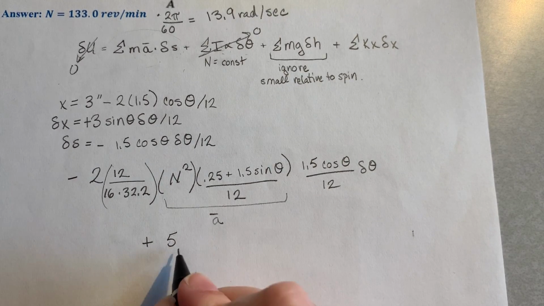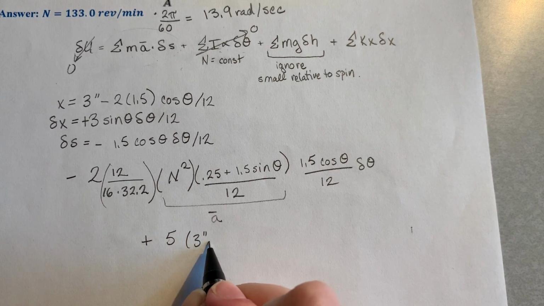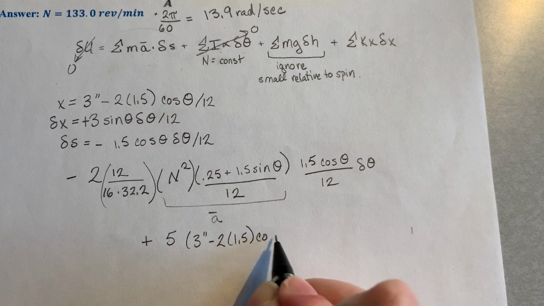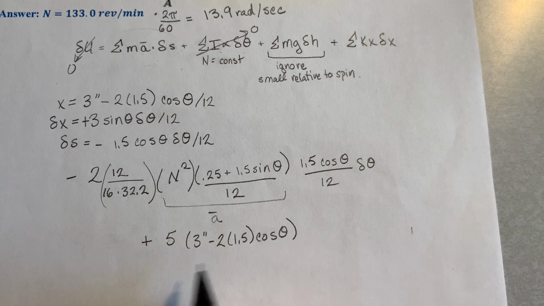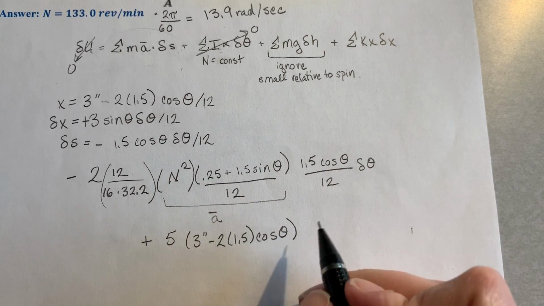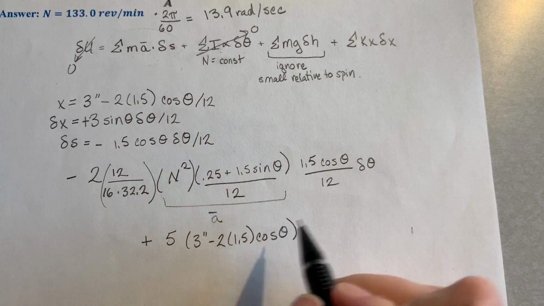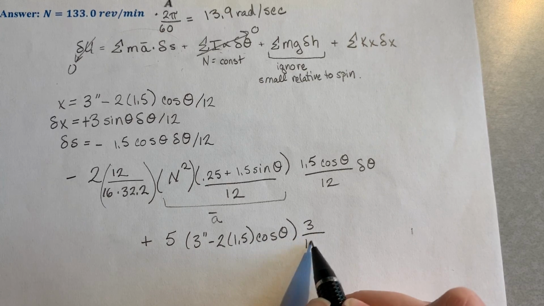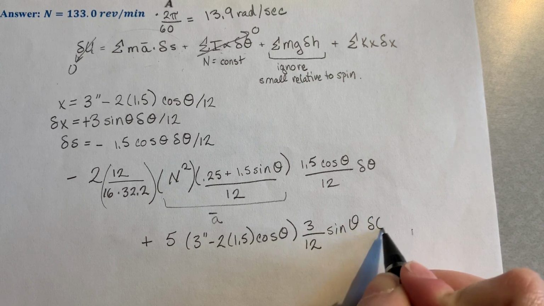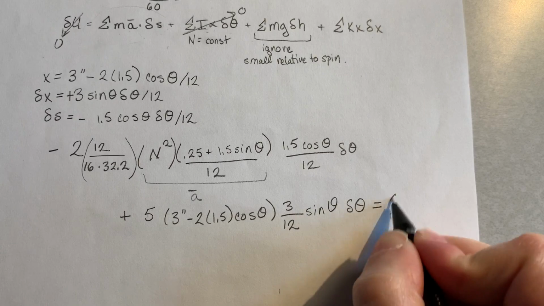So we need 5 times x in inches, 3 inches minus 2 times 1.5 inches times cosine theta. I'm not using the divide by 12 here because this is already in pounds per inch. And then what do we finally need? We need our variation in x with respect to theta, so that's 3/12 sine theta variation in theta. And all that equals 0.